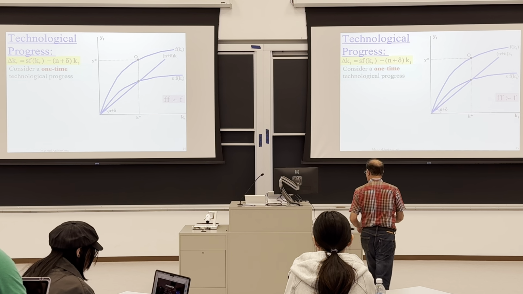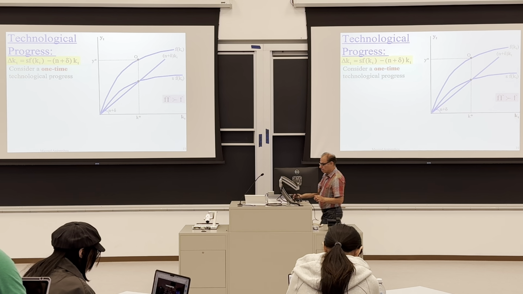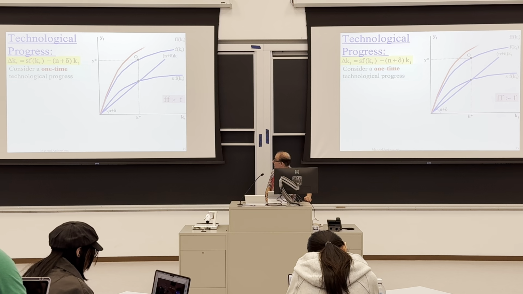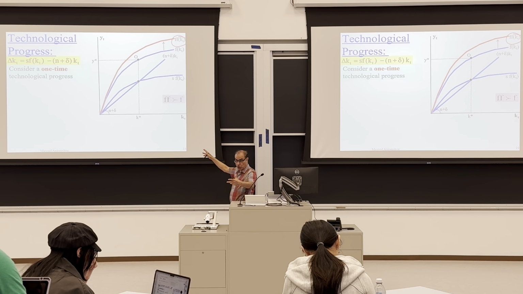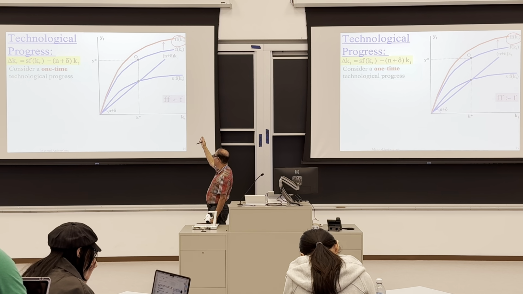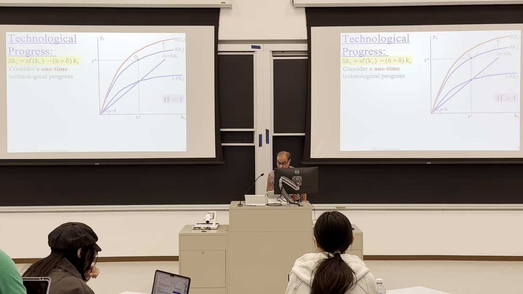It means the production function shifts up. We call that FF, better technology than F. But look at that, it's not the only shift. Because here I have S F of K, so that shifts too.